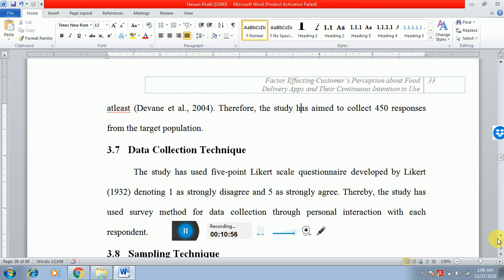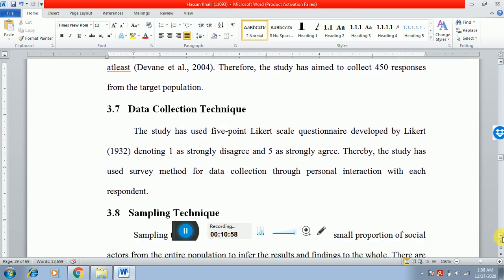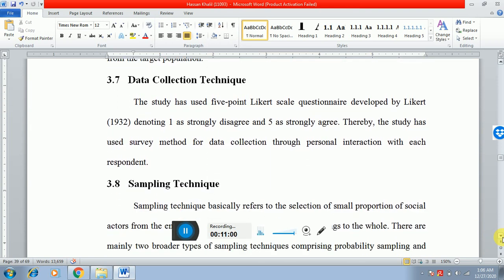And okay, in the heading of data collection technique, you should explain your questionnaire in depth, such as your questionnaire comprised of 2 parts. The one is related to the demographic profile, in which questions related to age, gender, education, and whatever you ask in your questionnaire, you have to provide the information of that particularly, and then you have to provide the information related to the items of the constructs, that is variables.